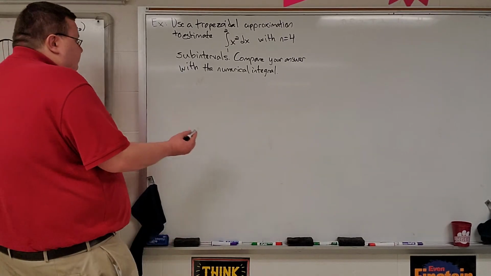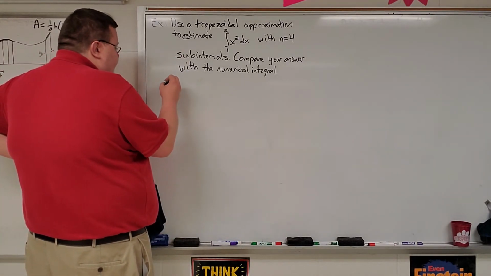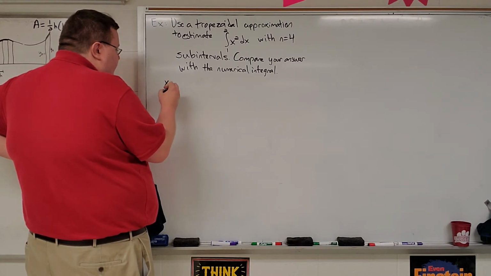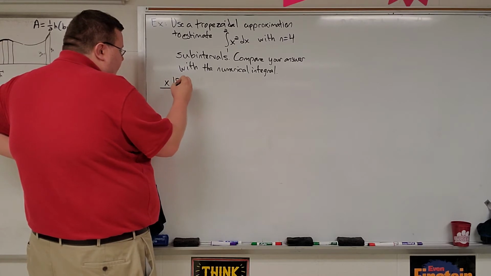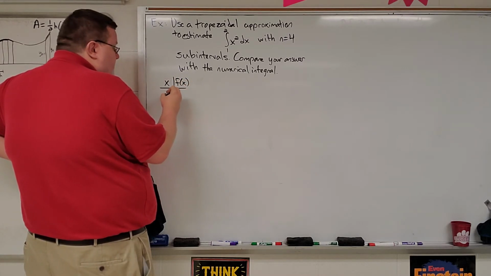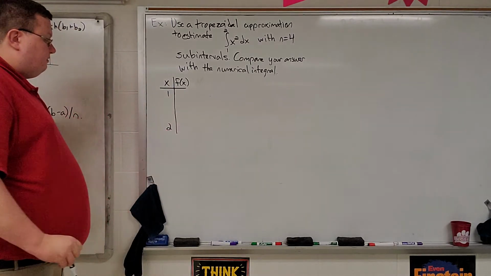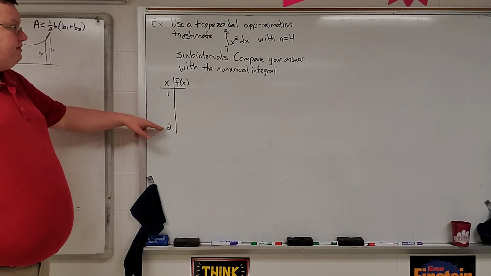So to do a trapezoidal estimate with n equals 4 subintervals, we need some data points here, some x and f of x points. We're starting at 1 and going to 2. We need 4 subintervals, so we need values in between 1 and 2.